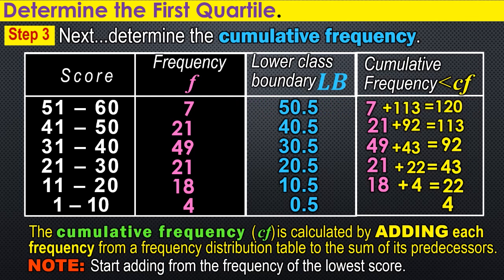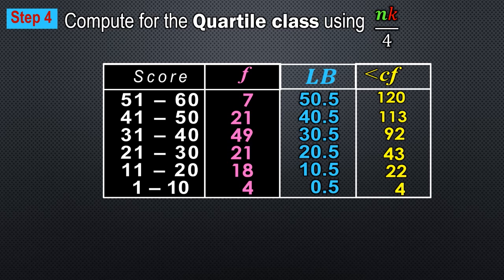And 113 plus 7, we have 120. Now, these are the less than cumulative frequencies. Now, after completing the table, you can now compute the quartile class using Nk over 4. So, Nk over 4 is getting the position of the given score.